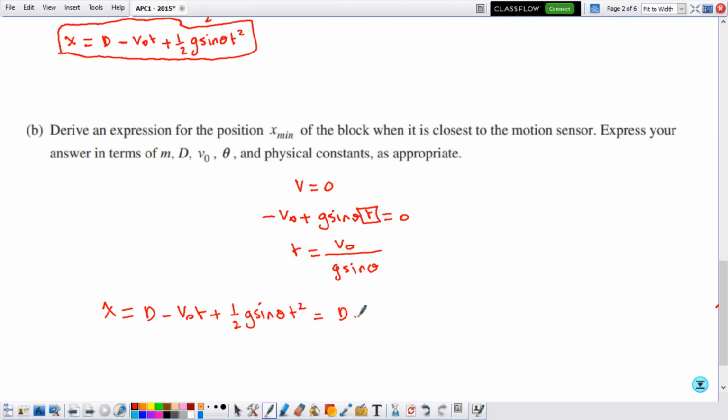That would be d minus v0 multiplied by v0 divided by g sine theta, plus half g sine theta multiplied by v0 divided by g sine theta to the power of 2.